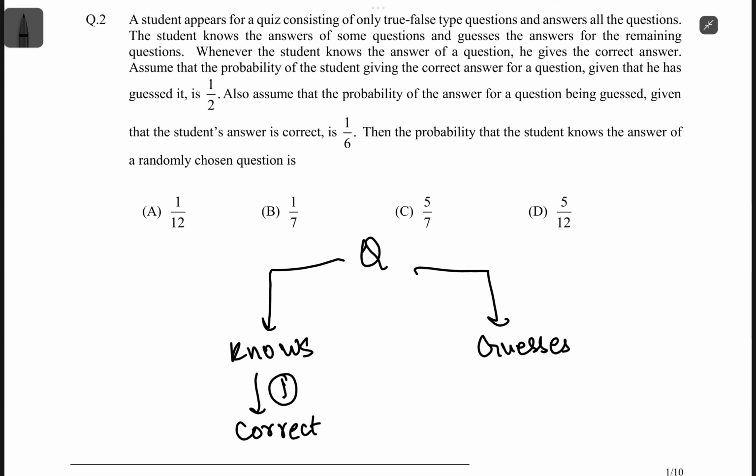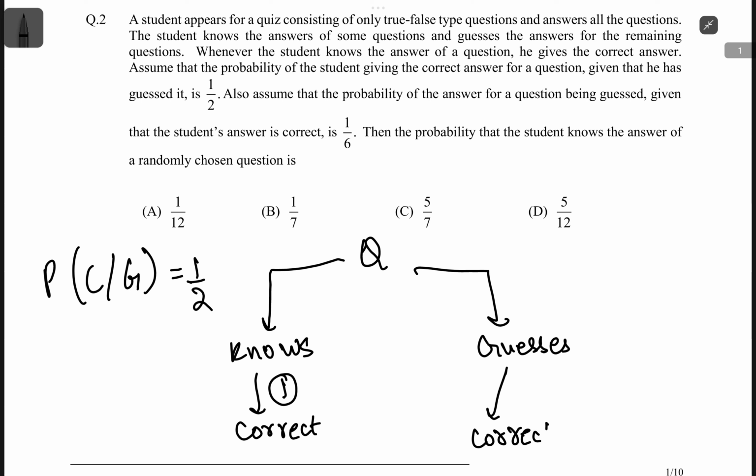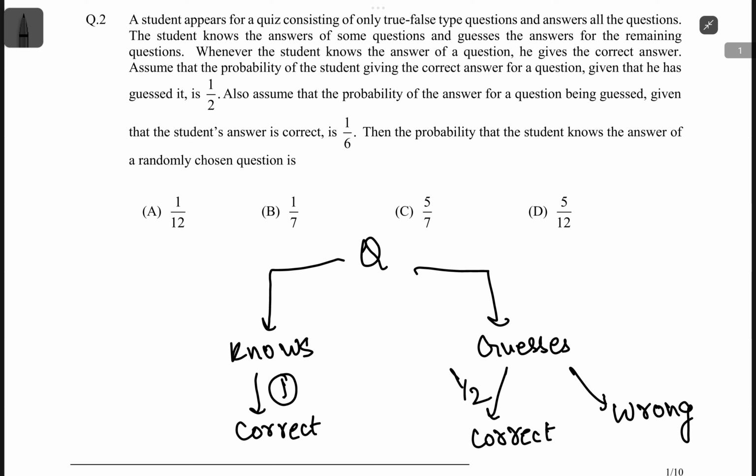So assume that the probability of the student giving the correct answer for a question, given that he has guessed it, so probability of correct when he has guessed it is half. So guess is correct or wrong. So these are all our cases, so this would just be half, right? And this would also be half.